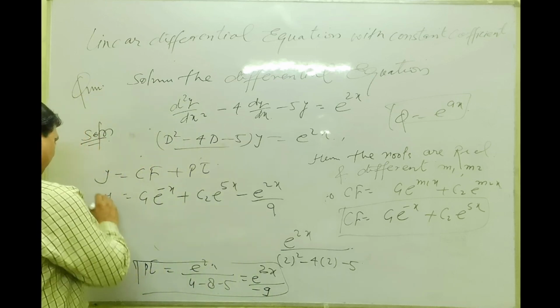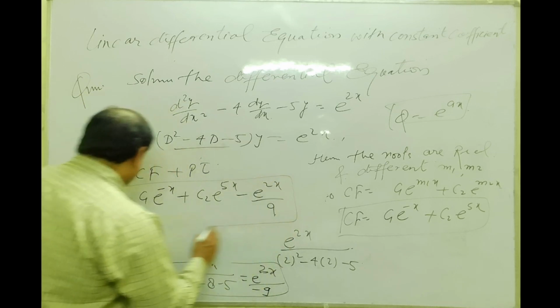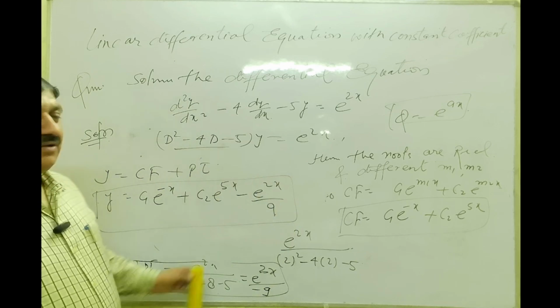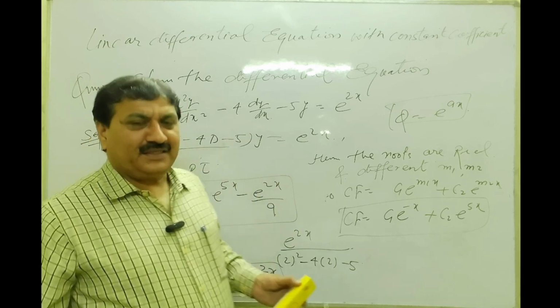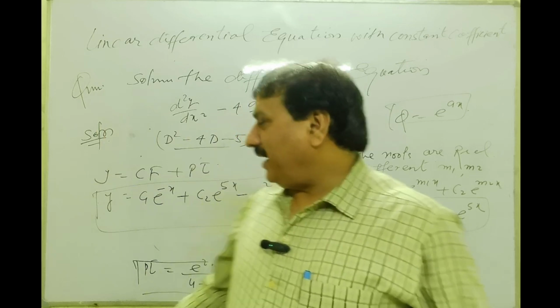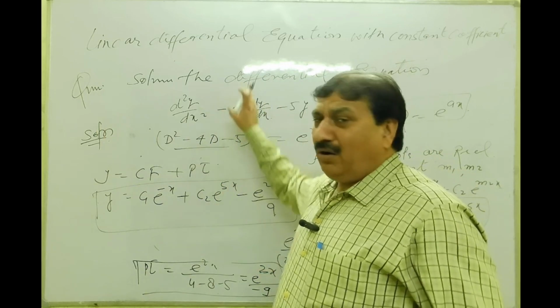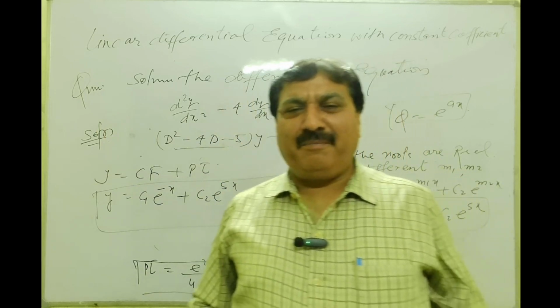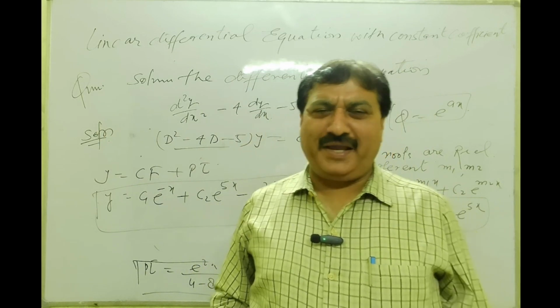This is the complete answer of the ordinary differential equation with constant coefficients. This is a very important question, my dear student. The whole topic is very important for BTech and BSc students. Okay, thank you.